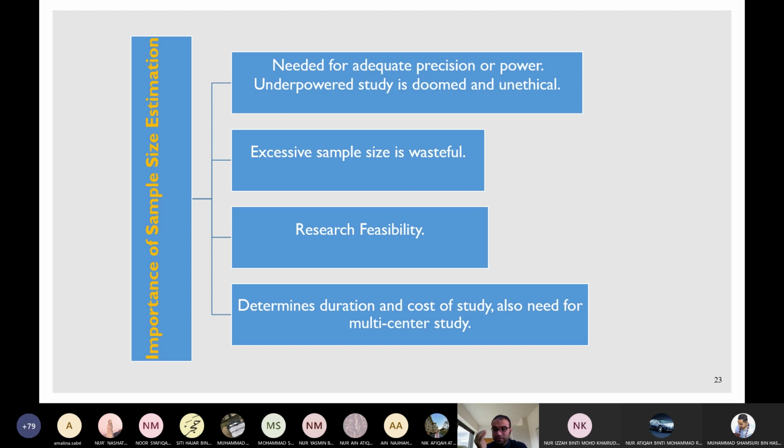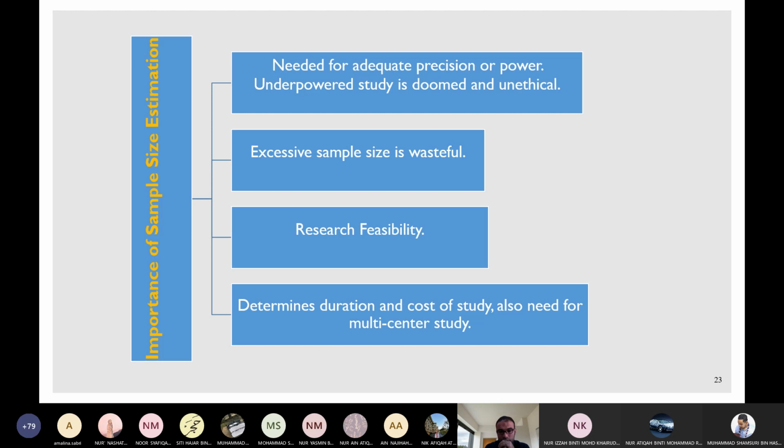And from the other side, for example, you have to include 200, and without calculation you include 400. This excessive sample size is a waste, you're wasting resources. From the beginning, we discussed how to make the best use of the research efforts without wasting resources.